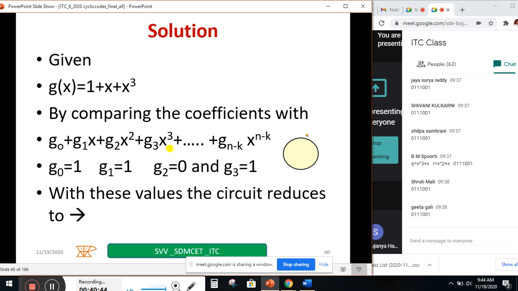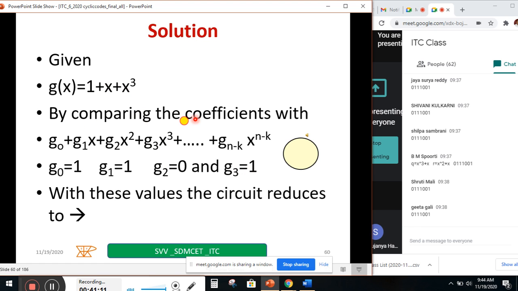Write down the solution. Given is g of x equal to 1 plus x cube. By seeing the polynomial, I can write g0 equal to 1, g1 equal to 1, g2 is not there, the x square term is not there, hence g2 equal to 0, g3 equal to 1.